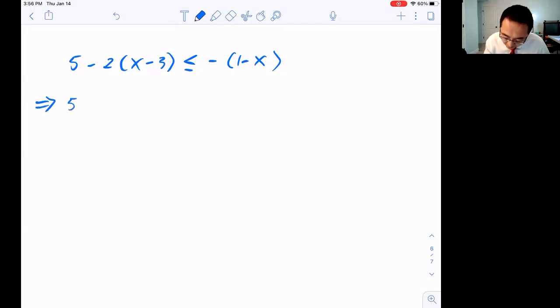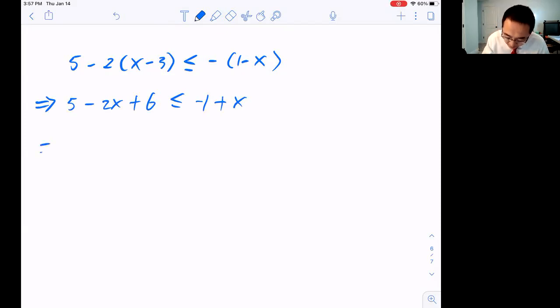So this is 5 minus 2 times x, then negative 2 times negative 3 will give you positive 6, less than or equal to negative 1 plus x, right? Everybody with me so far? How I got here? Okay, and then I want to put all the x's on one side and all the numbers on the other.